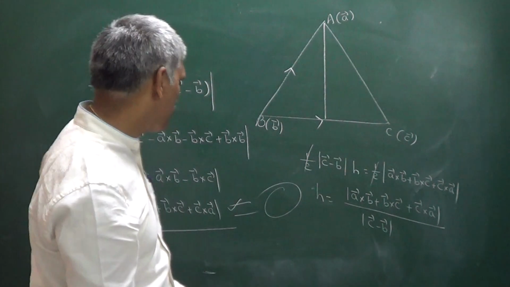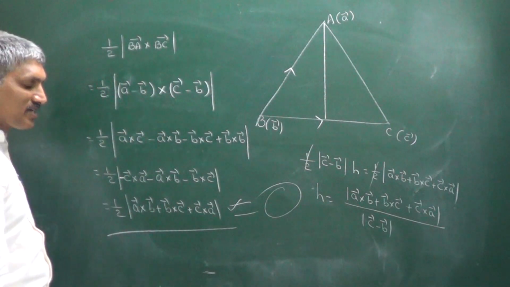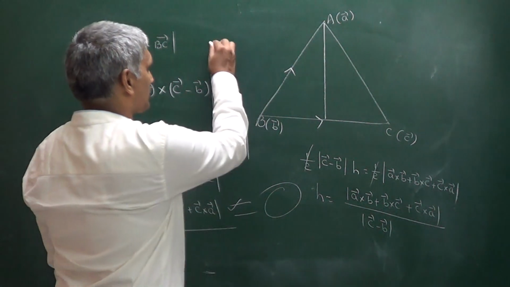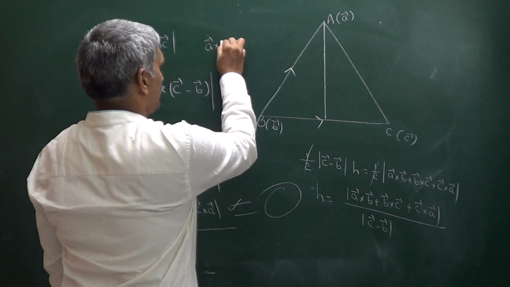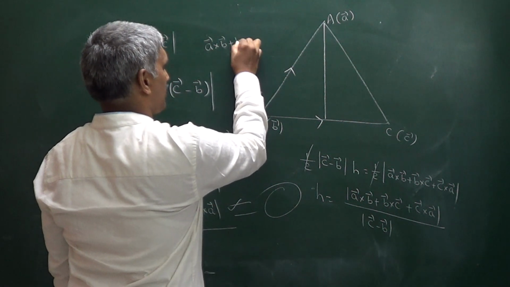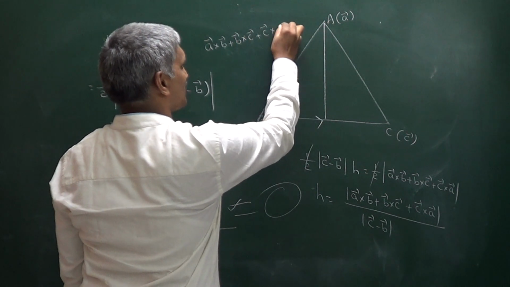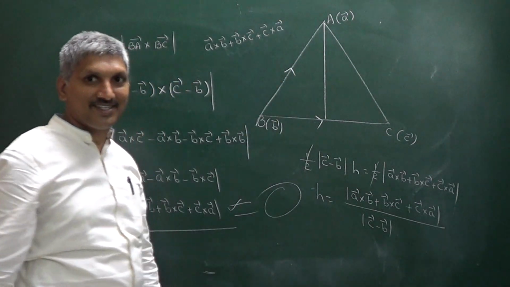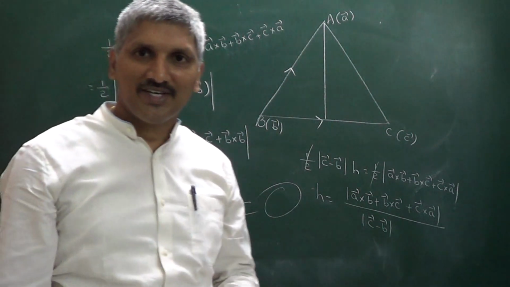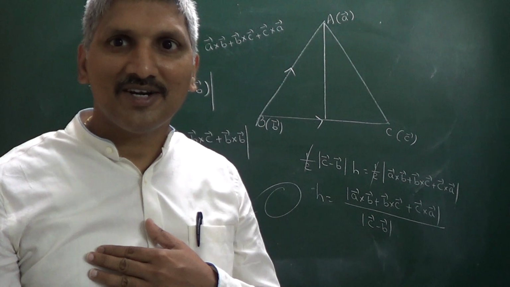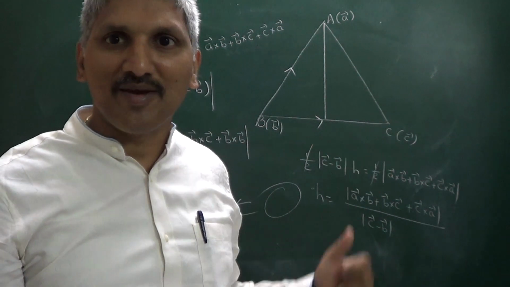Okay, but what about this vector? A bar cross B bar plus B bar cross C bar plus C bar cross A bar. What does this vector represent? That vector represents a vector perpendicular to the plane of the triangle ABC.